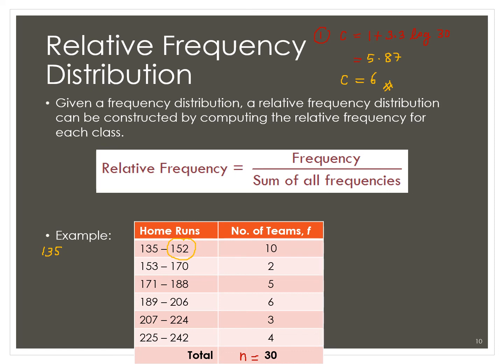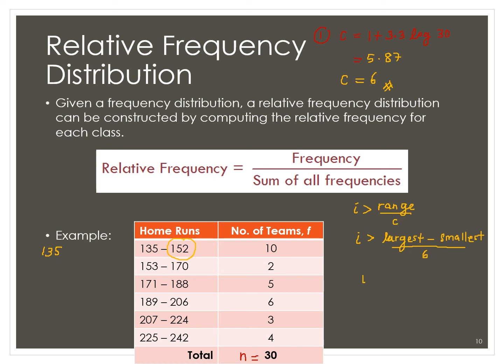I'm sorry, before that we must calculate the value of I. I must be greater than range over C. What is range? Range is simply the largest value minus the smallest value, over C, which you calculated earlier, which is 6.